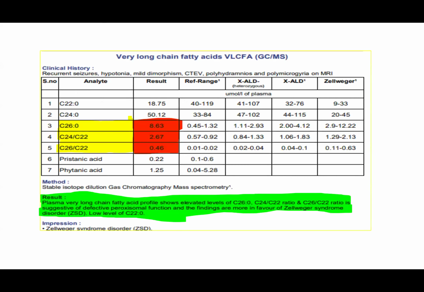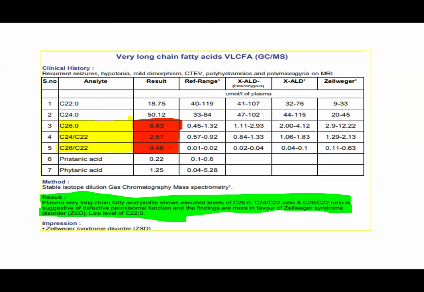Next. We have done the levels of very long chain fatty acids and it was positive, showing increased amounts of very long chain fatty acids, that is C26 and the C24/22 ratio and C26/22 ratio. So this report suggests that it was a peroxisomal disorder.